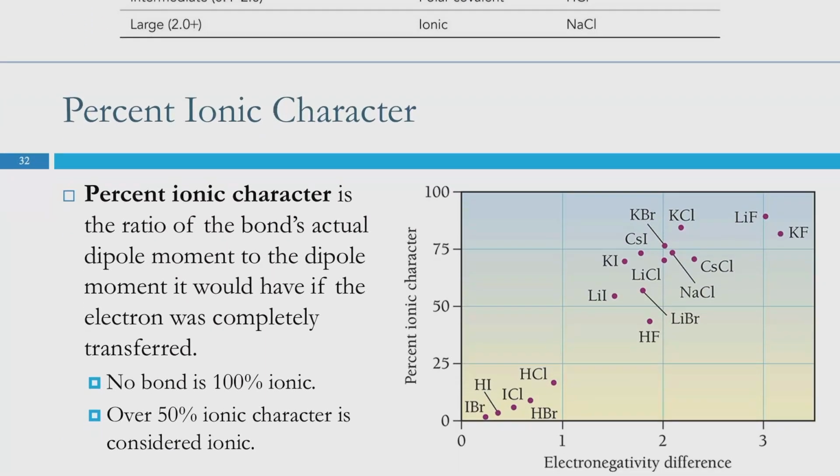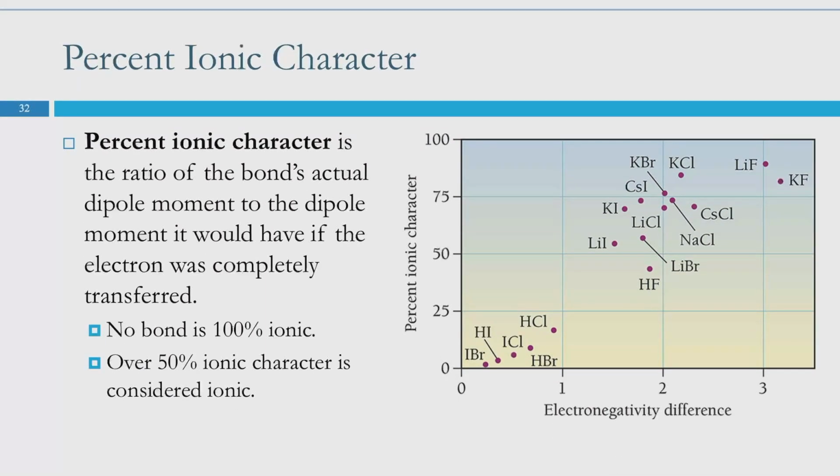I mentioned that I threw in some squiggle words, like it's kind of, not really, nothing's really 100% ionic. Thinking about a pure ionic bond as being a complete separation of charge, like the electron is wholly given away, that's not really the case.